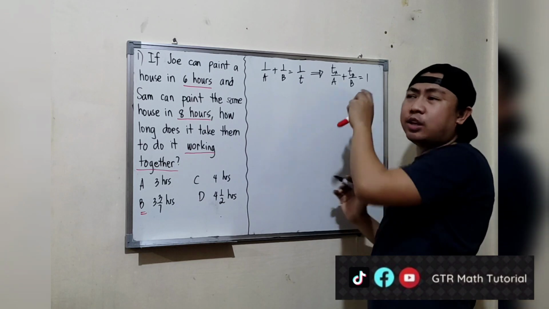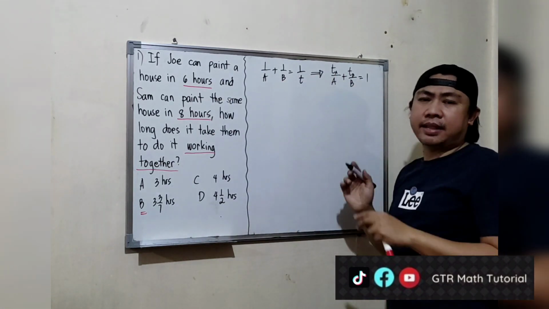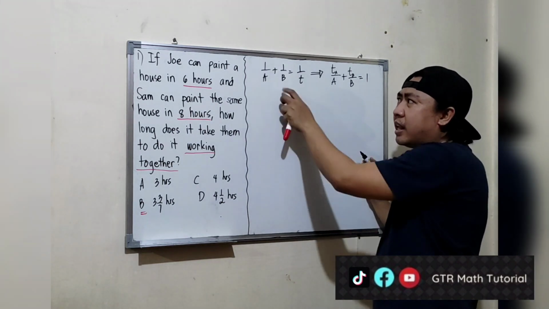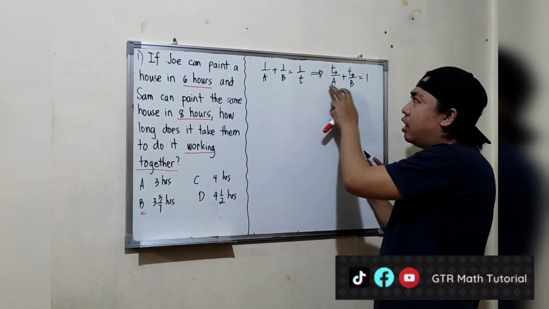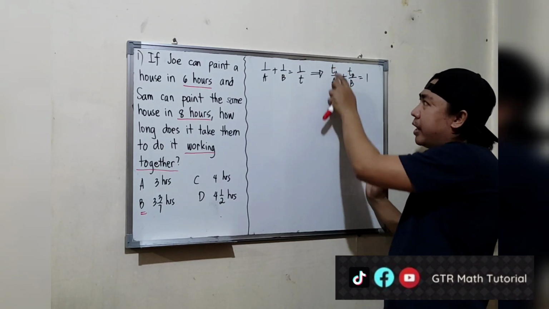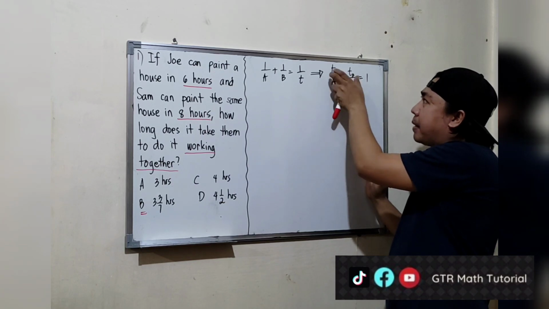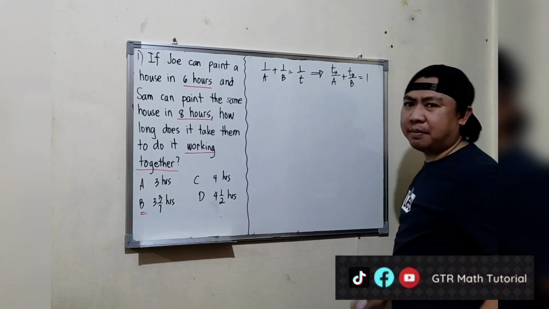Kaya siya 1 dahil yung 1 ibig sabihin yung buong trabaho. So kahit alin dito sa dalawa pwede natin gamitin. Karaniwan natin yung ginagamit kasi mas madaling tandaan, puro 1 lang siya, 1 over yung rate. Ito naman, yung time over A, parehas lang din naman to. Kapag ang time ni A at B ay parehas, parehas lang yan dito. Okay? So kahit alin dyan, pwede natin gamitin.